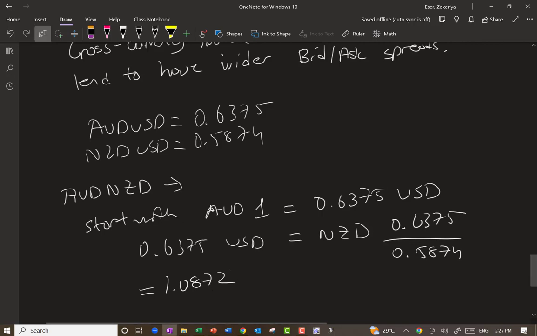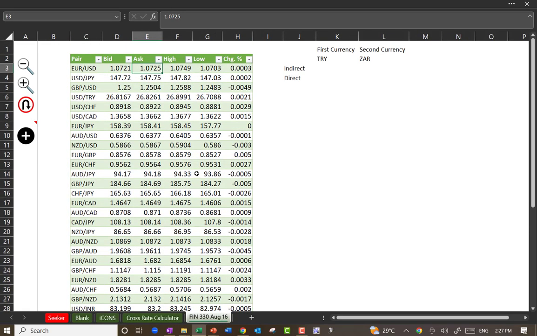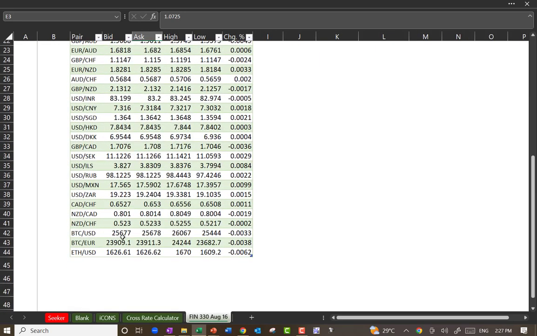Okay. Using this logic, you can always calculate it. But as I am fond of saying, we are civilized people. Okay, we don't have to go through all of that, assuming that we have all the currencies here.